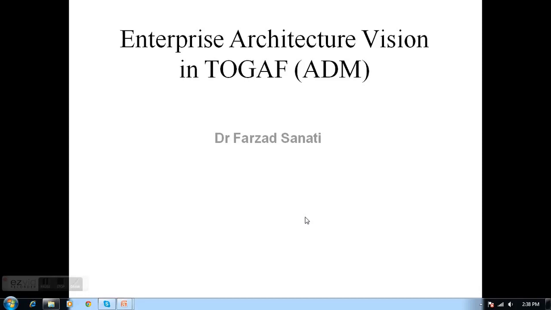In this session, I will talk about the first phase of TOGAF ADM, which is called preliminary and is related to gathering information about the idea of enterprise architecture from a particular company or particular enterprise's point of view.